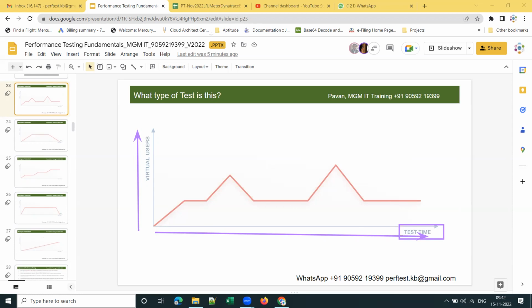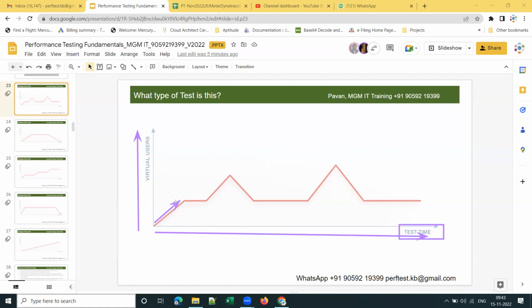Let me explain this graph. What we are doing here is gradually increasing the user load from 0 to, let's say, 5,000 or 10,000.